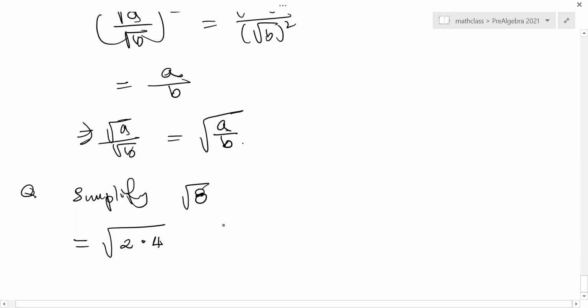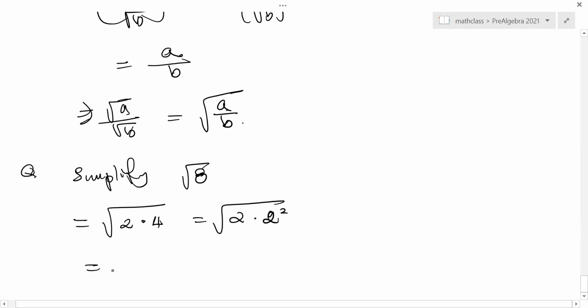So that's going to be the square root of 2 times 2 squared. According to the above formula, I can separate it, and the second one is the square root of 2 squared, which is just equal to 2. So you can write it as 2 times the square root of 2, because traditionally the integer should be written first. Okay, so that is good.